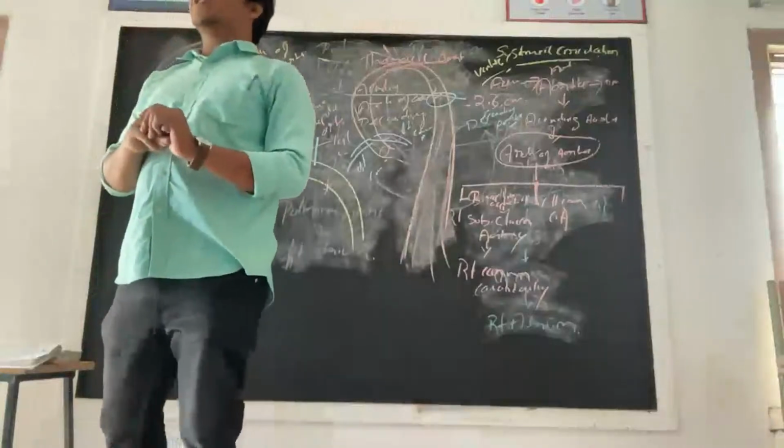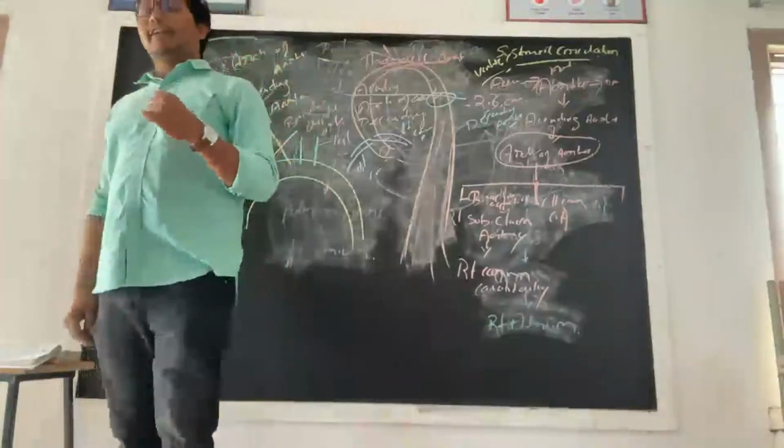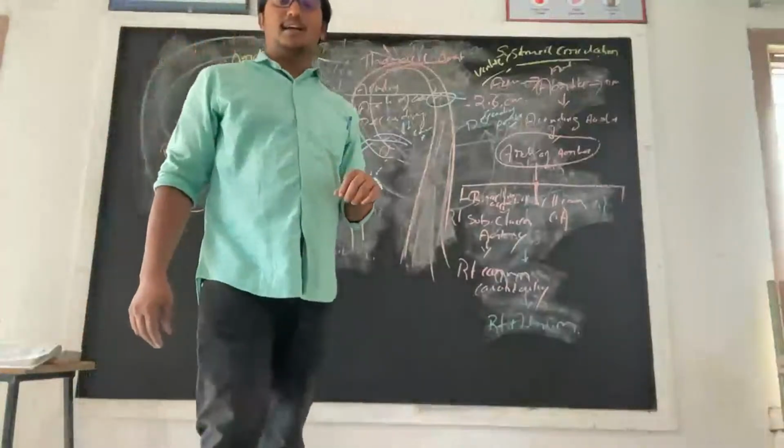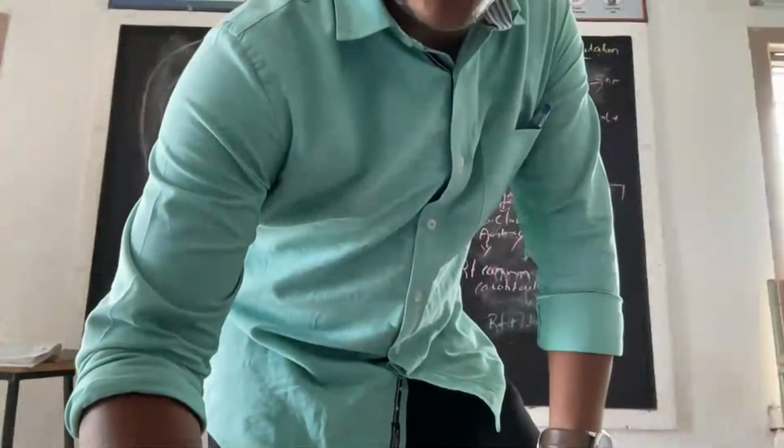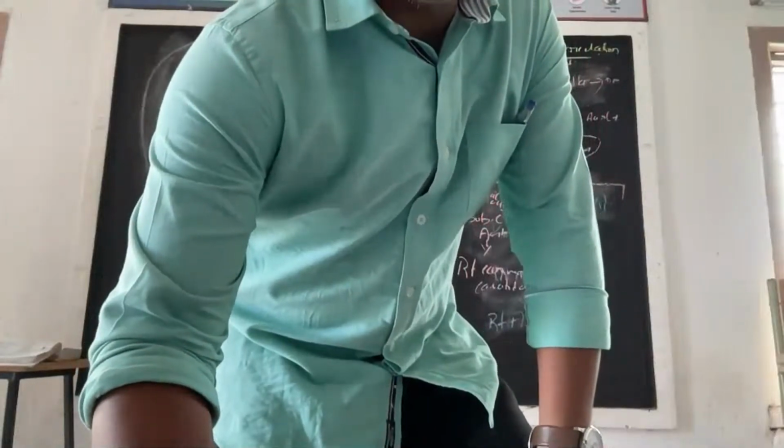Fourth thoracic vertebra. There are vertebrae in your body. What are these vertebrae? You call it the vertebral column. What is this vertebral column?